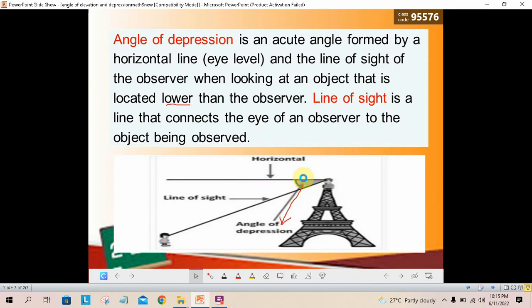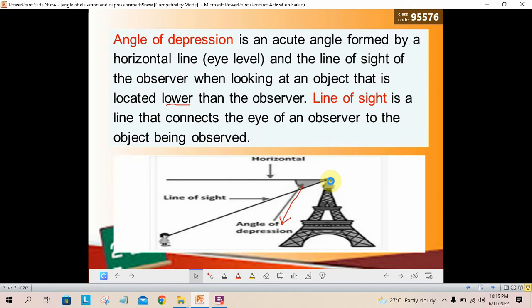So the object is located lower than the observer.